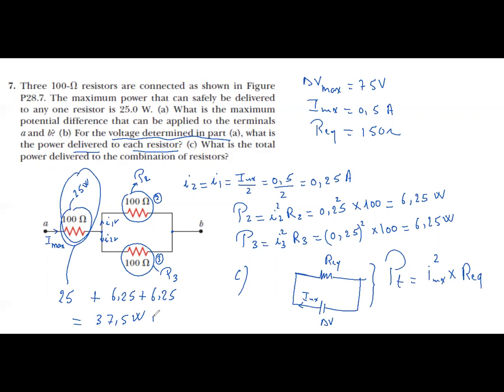We can calculate like this, or we can do it here: I maximum equals 0.5 squared times 150, and we get 37.5 watt.